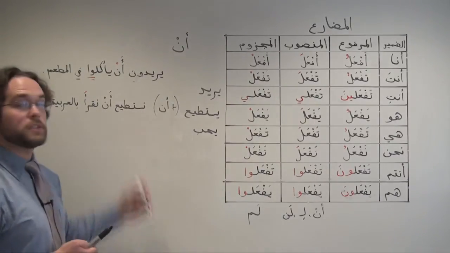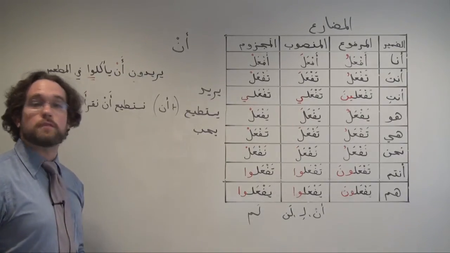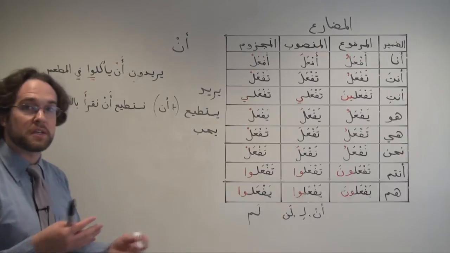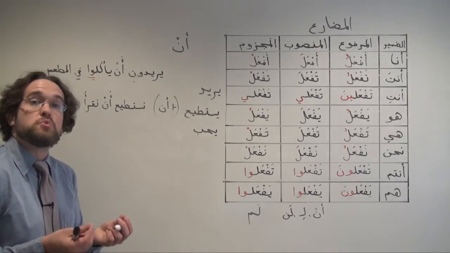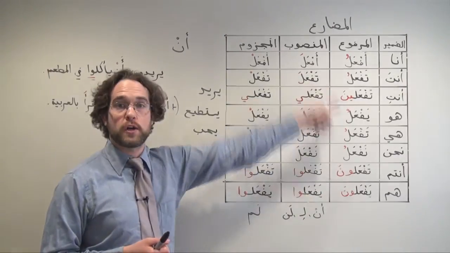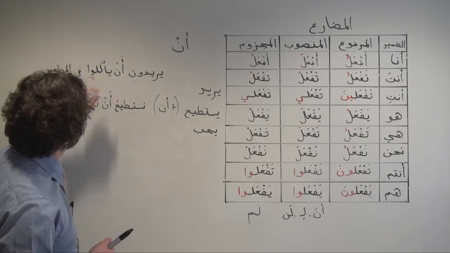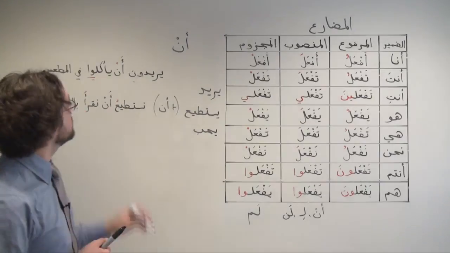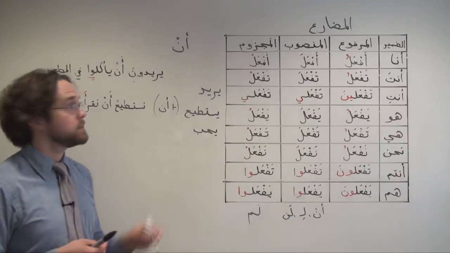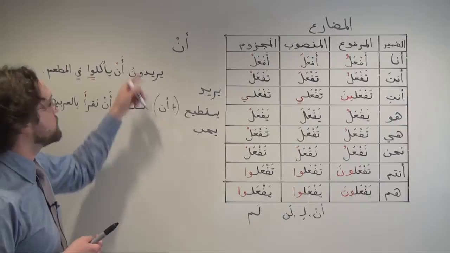Nastati', if we wanted to fully vocalize it, since no conditions have arisen in our sentence yet that require changing the mood of the verb in any way, we would go ahead and use our default form, al-mudari' al-marfu'. So, for the sake of being complete, we could put a dhamma above it. When yuriduna, we could add our fatha there, right? And we have our whole marfu'a form with the nun.